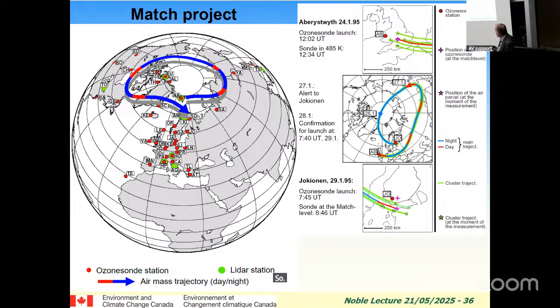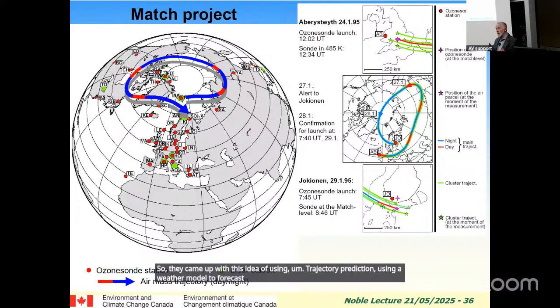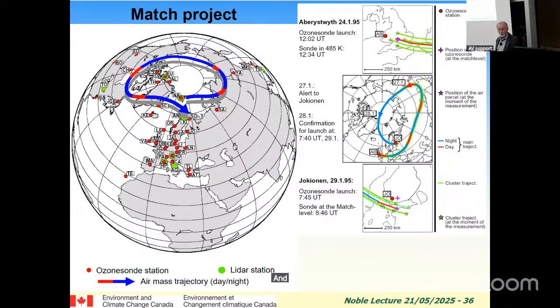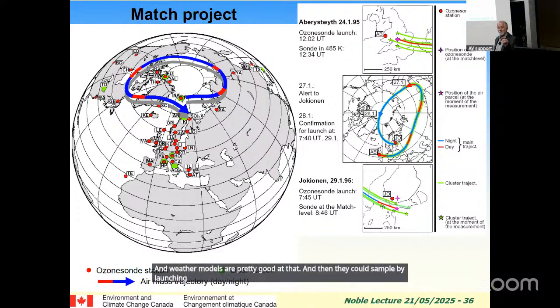So they came up with this idea of using trajectory prediction, using a weather model to forecast where an air parcel was going to go over the next few days. And weather models are pretty good at that. And then they could sample by launching a sonde whenever this air parcel was going to pass over a particular station.